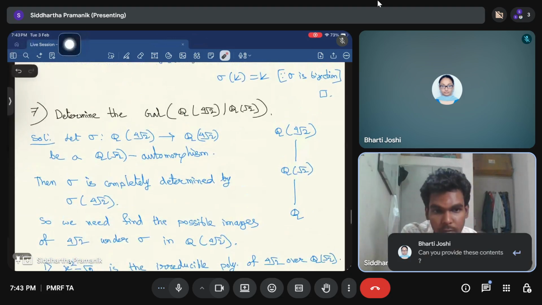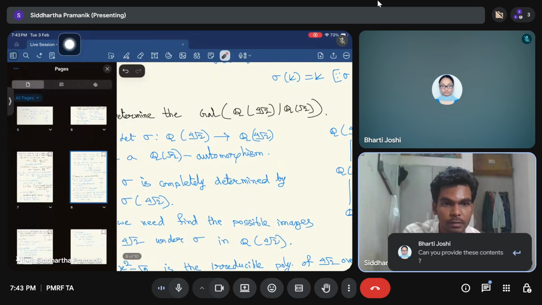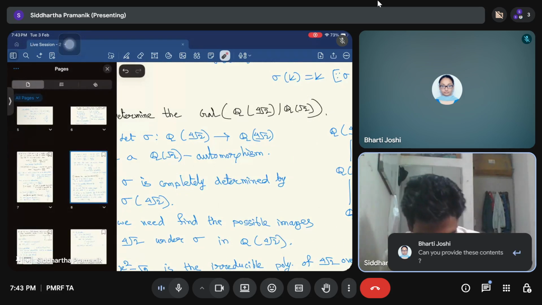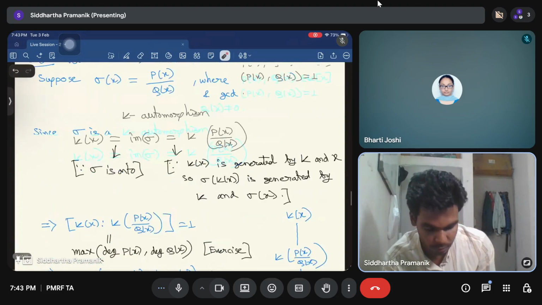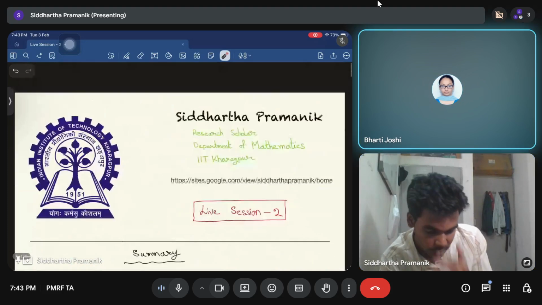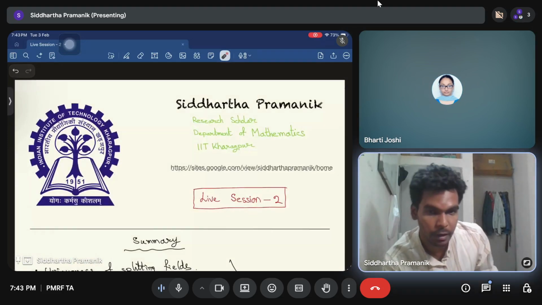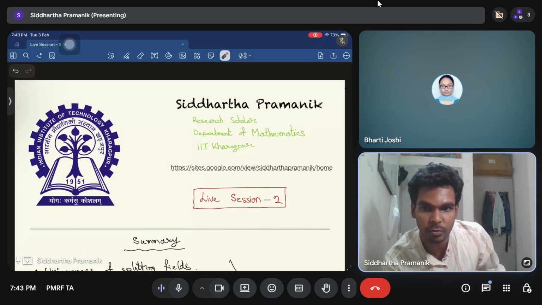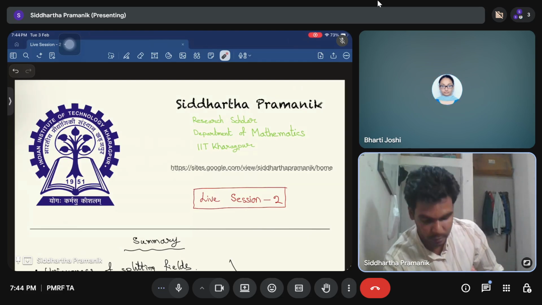So can you provide these contents? Are you talking about these notes? Yes, sir. It is in that folder, right? You have access to that Google Sheet. There you can see the link for the folder where you will get all the notes.